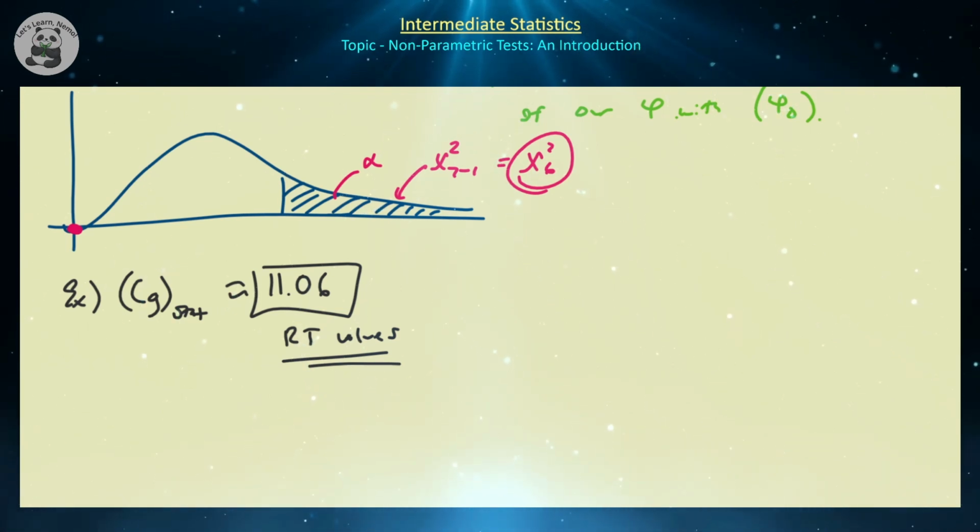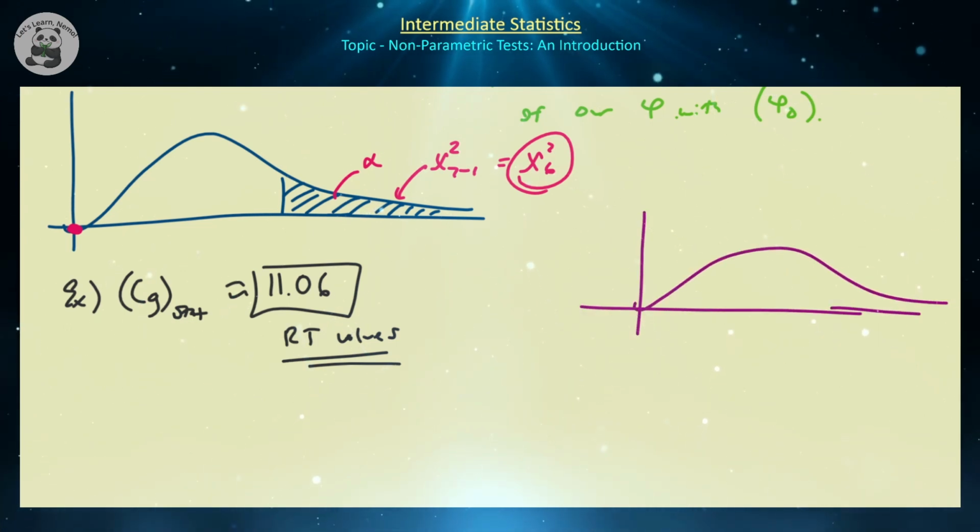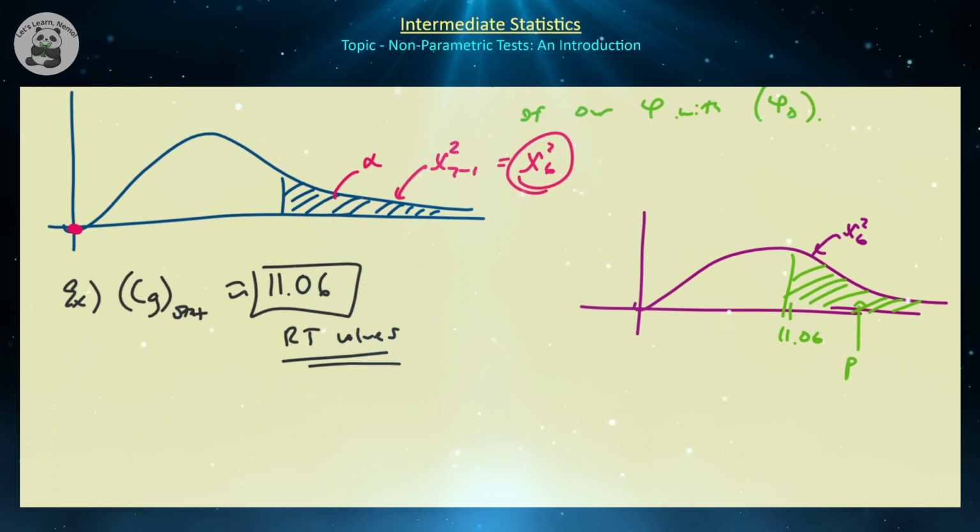Well, we can always calculate a p-value associated to this. If we look at our chi-squared 6 distribution and plot our 11.06 in this picture, this area right here is going to be our p-value associated to that test statistic. So how do we calculate it? That's actually quite easy.